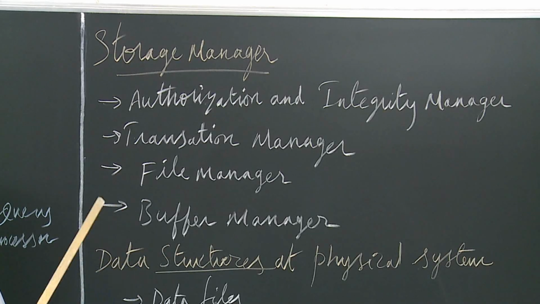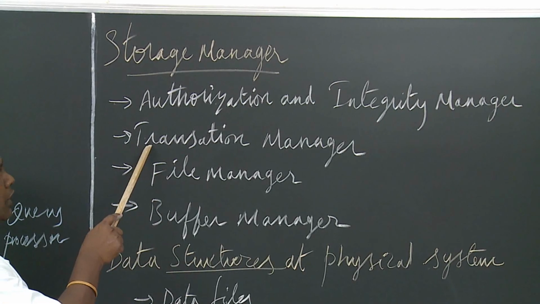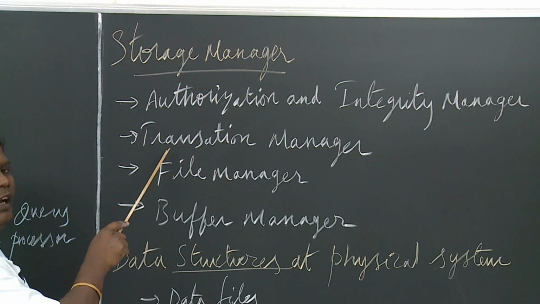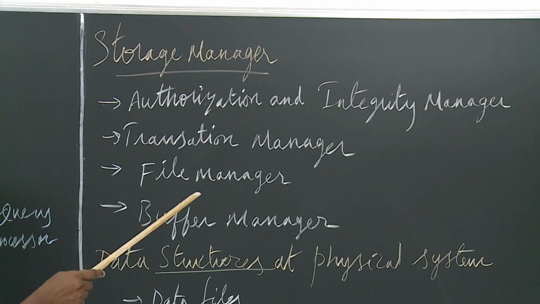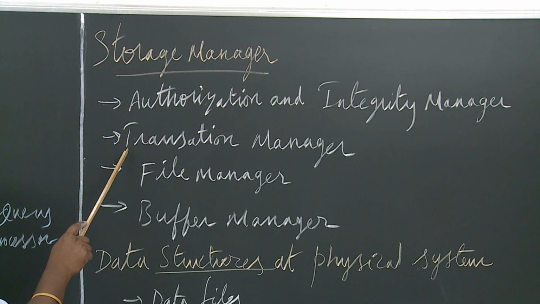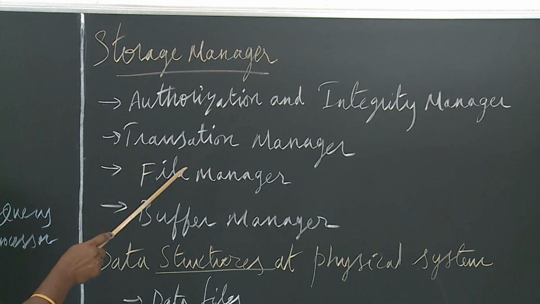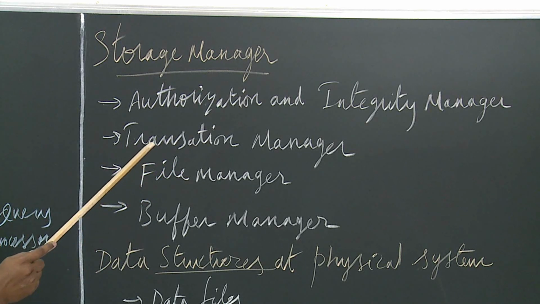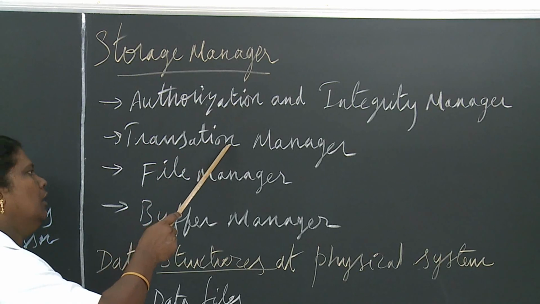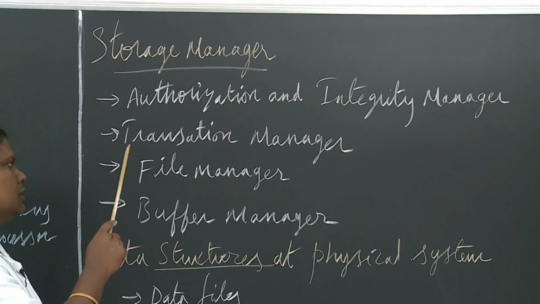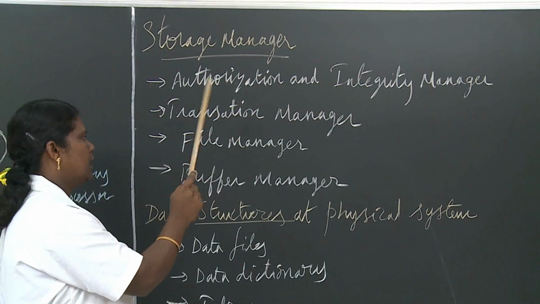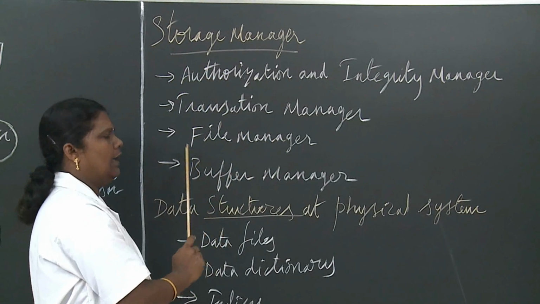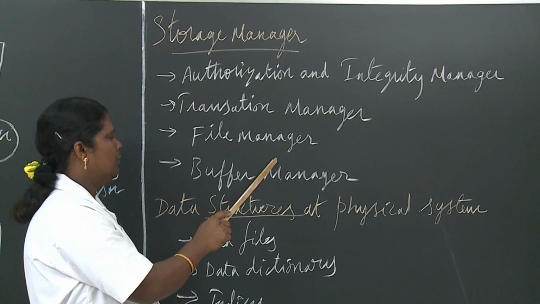So even though failure occurs, it should follow the validity of the database by remaining consistent. In case of failure, it should roll back the whole process in order to follow the same. Then the file manager allocates the space for each and every database file.